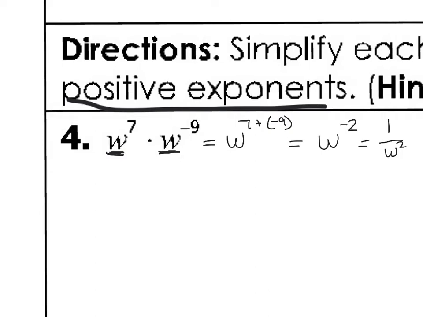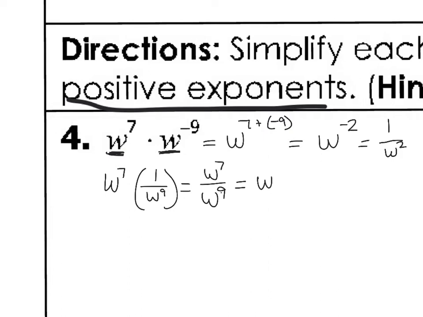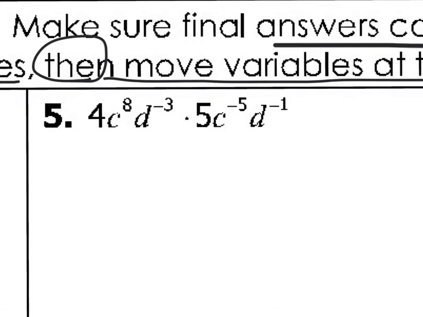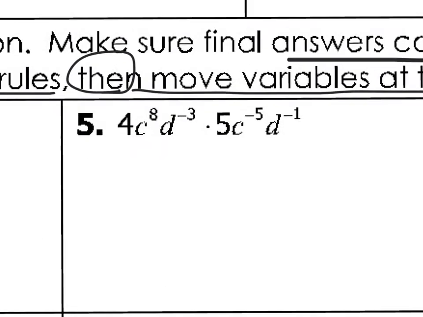Well, you would have w to the 7 times 1 over w to the 9, which equals w^7 over w^9. And then 7 minus 9 is -2, which equals 1 over w squared when you flip it. So if you do your rules first, it can save you some steps. But even if you don't, it'll still work out.